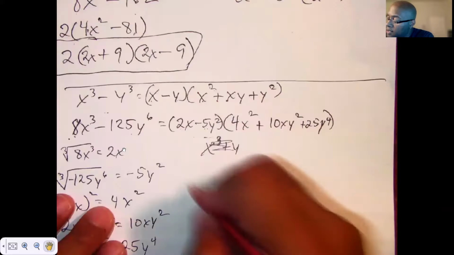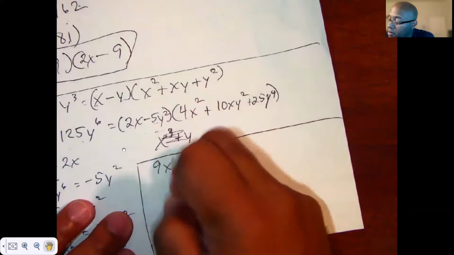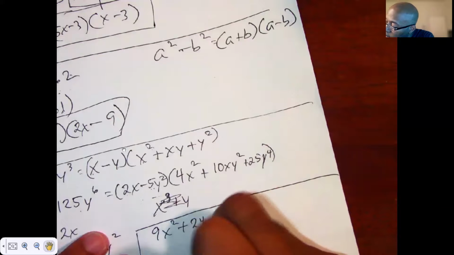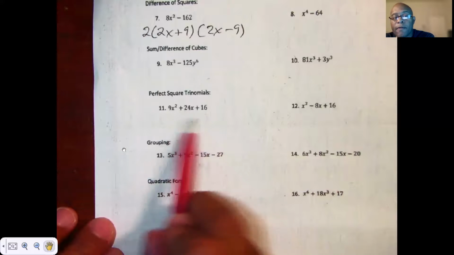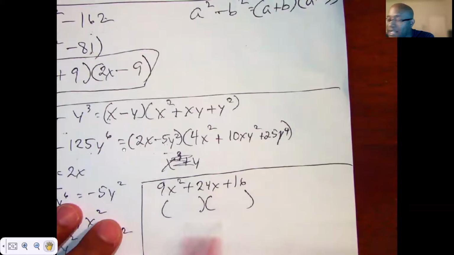Okay. Let's talk about perfect square trinomials. That's 9x squared plus 24x plus 16. So here's our original problem right here. They want a perfect square trinomial. So that means we're going to factor these and get the same thing.